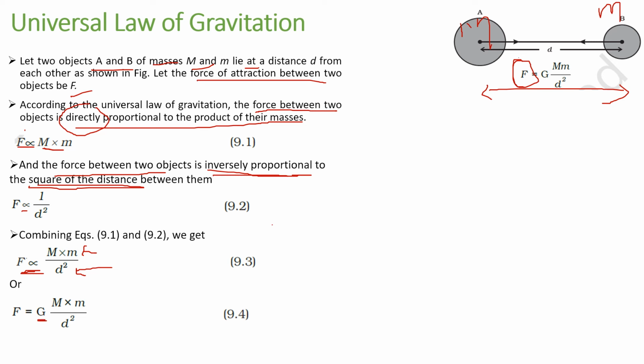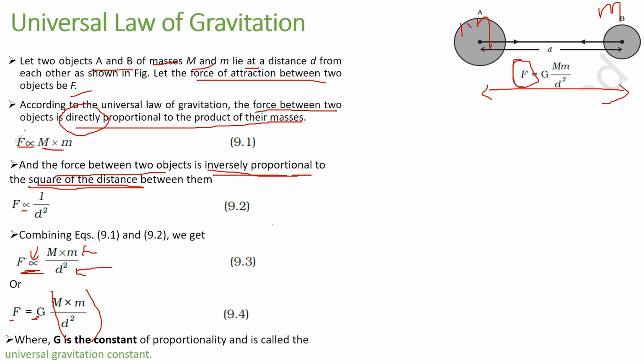The proportional term is replaced with an equal term by adding a constant term. What is this constant? G. So now F is equal to G into M into m by d square.